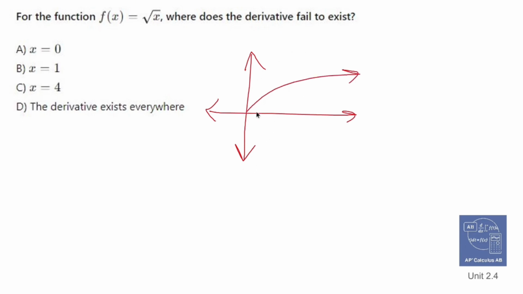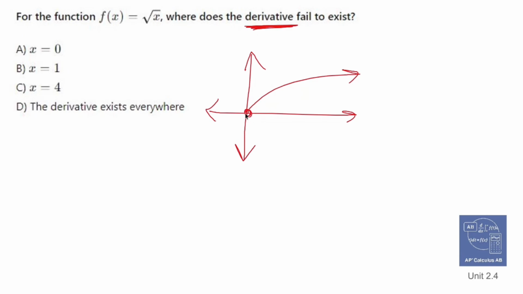Now, this is continuous from 0 all the way to infinity. However, wherever you have a cusp or a sharp corner, it's not differentiable, which means you can't take the derivative.